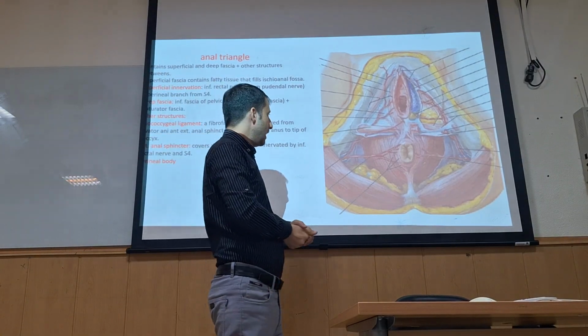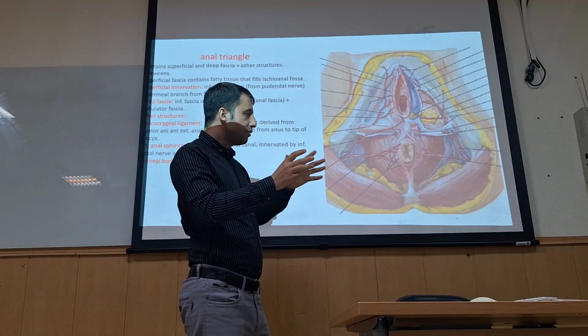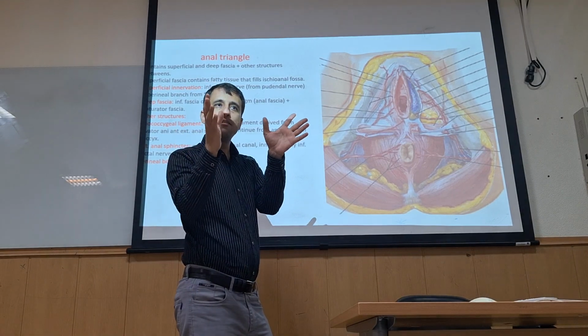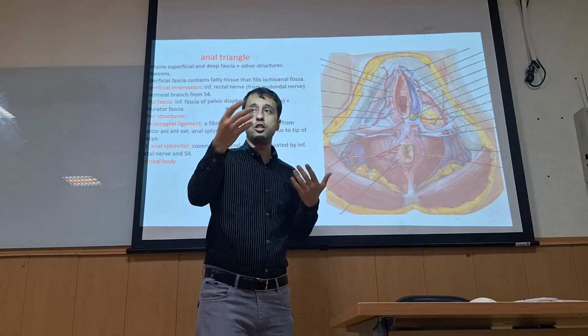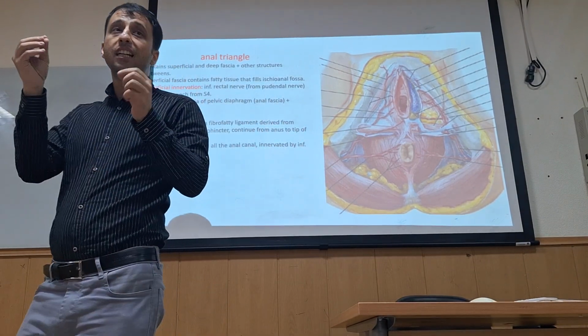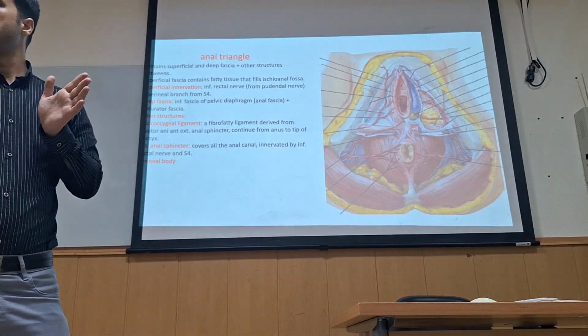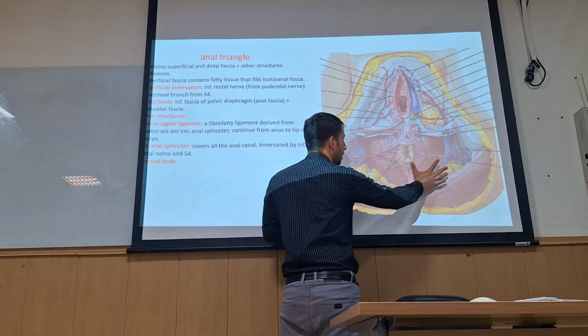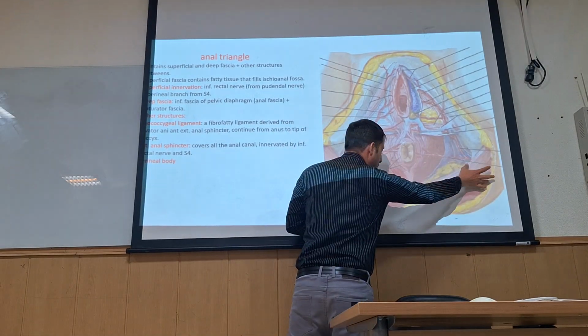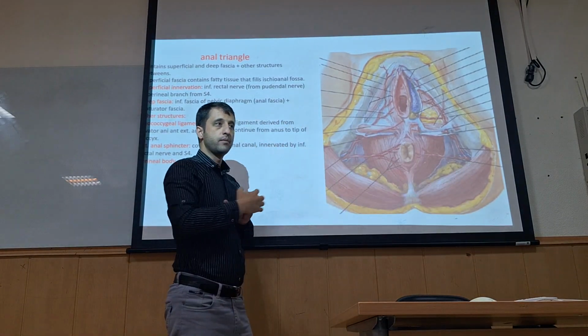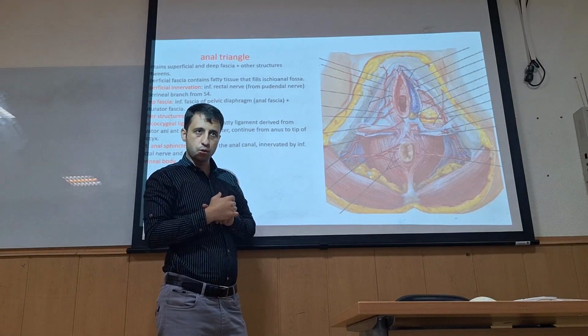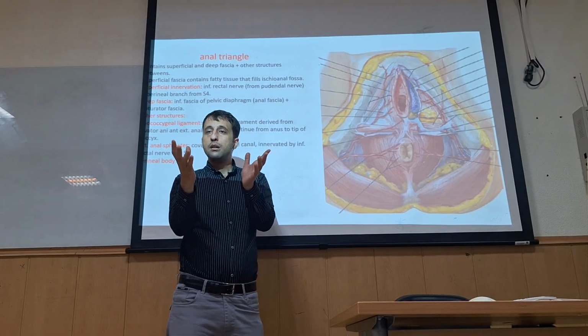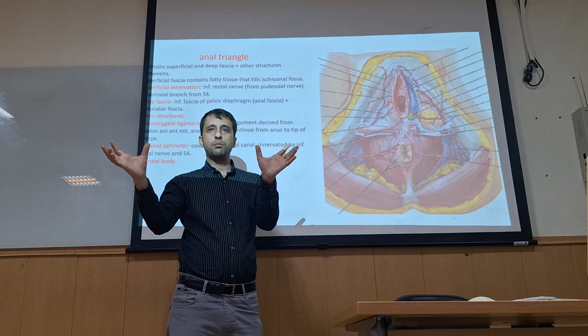The first, as you can see, after the skin, we have the superficial fascia, which is created by fatty tissue. Look at here, all of these are fatty tissue. Which muscle is this? Maximus? Yes, gluteus maximus. Gluteus maximus makes the bulging of your buttock.